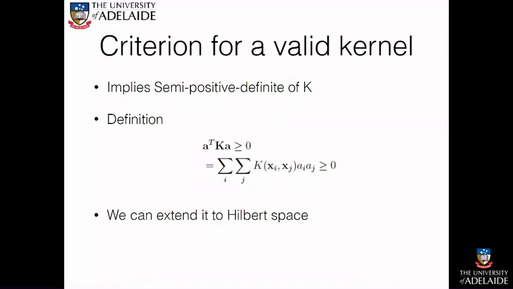I believe I mentioned this concept of semi-definite matrix in the first week. It means that all the eigenvalues of the matrix must be non-negative. It also means that given an arbitrary vector a, a transpose times K times a must be a non-negative value.